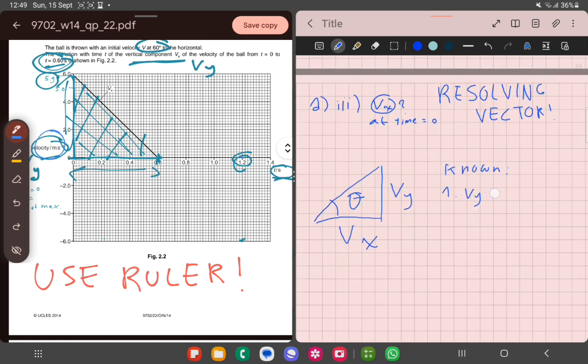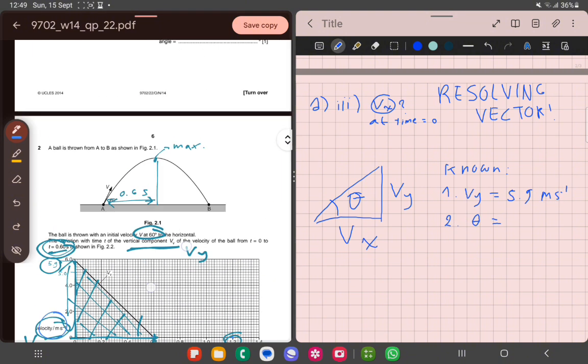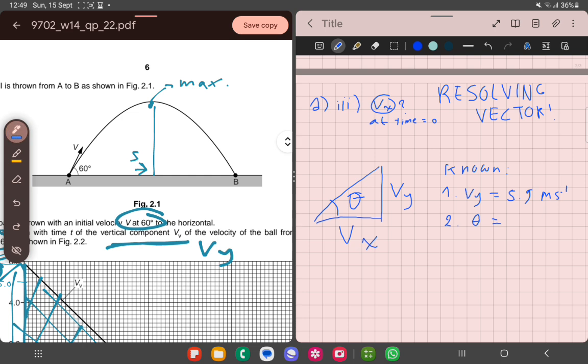So the known variables are Vy equals 5.9 meters per second, and theta is 60 degrees, and it is stated on the diagram.